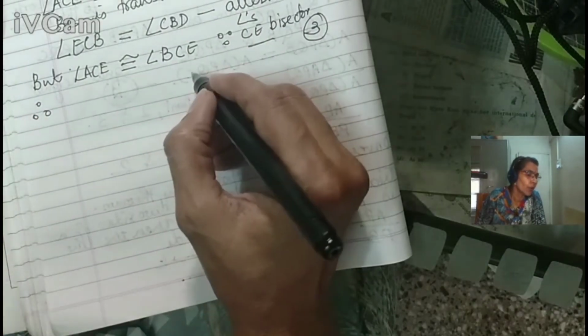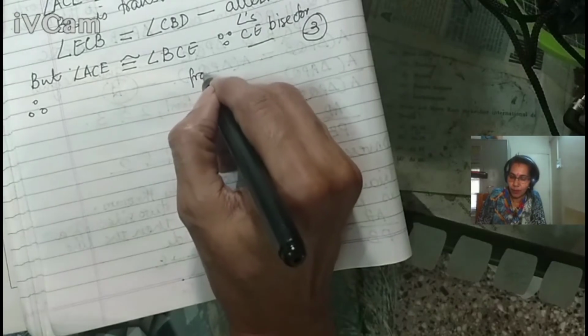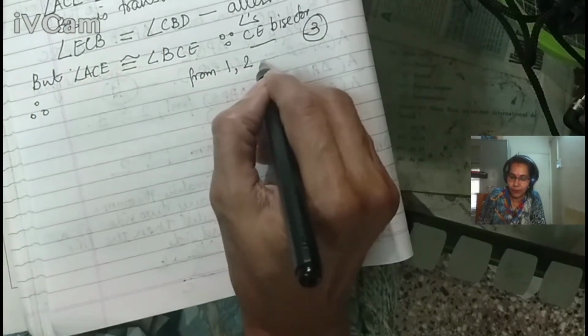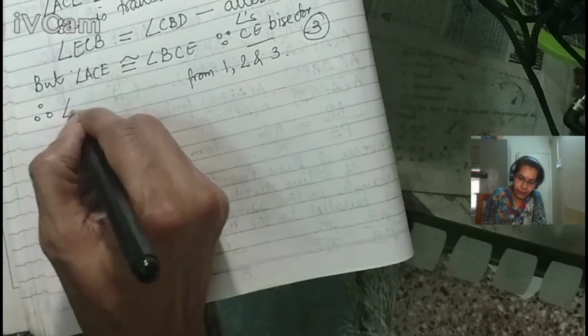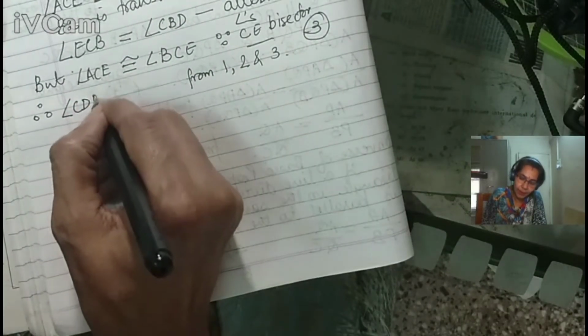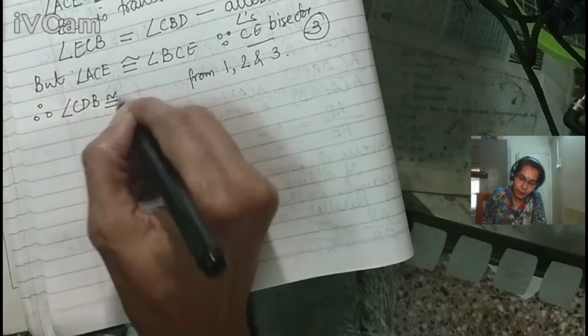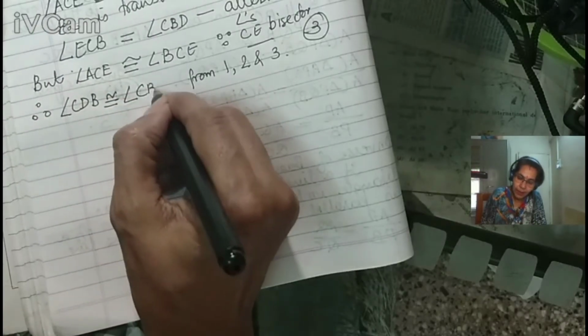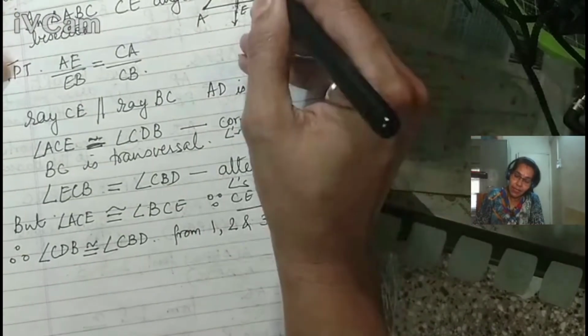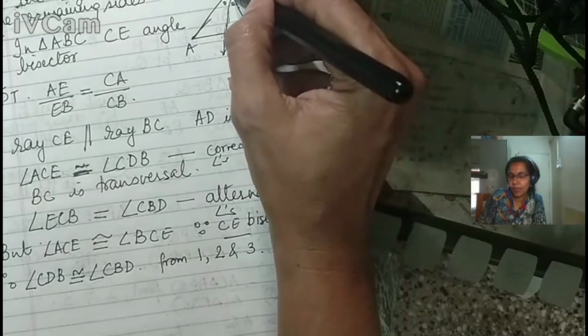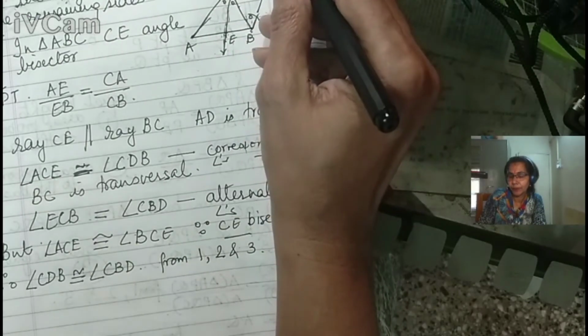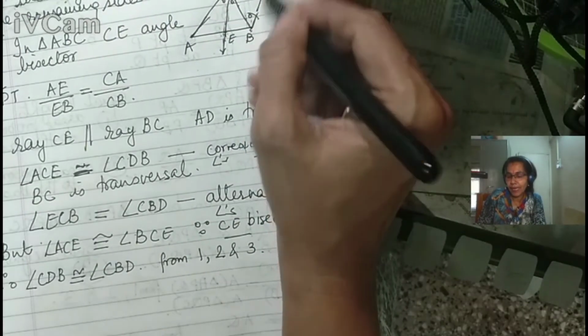Therefore, from statement number 1, 2 and 3, I get angle CDB is congruent to angle CBD. These are the base angles.